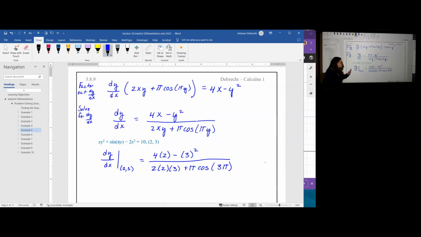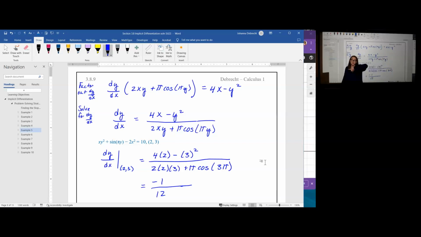Starting in the numerator, 4 times 2 is 8, 3 squared is 9, and 8 minus 9 gives me negative 1. In the denominator, 2 times 2 times 3 gives me 12. And then I have pi times the cosine of 3 pi. 3 pi is pi past 2 pi, and 2 pi is back around at 0.